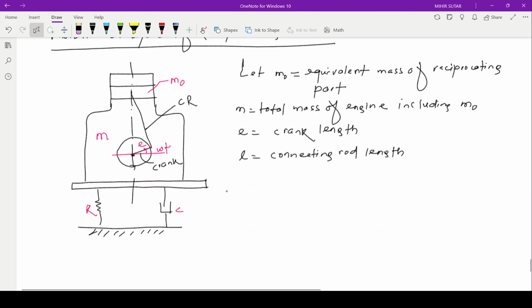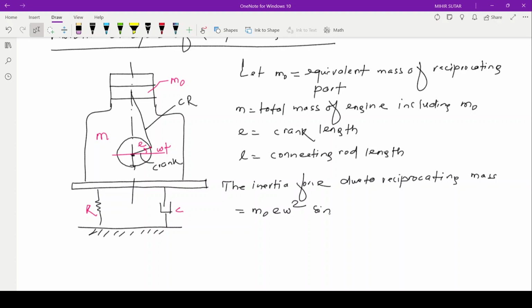So here the inertial force due to reciprocating mass is basically your m0 e omega square sin omega t plus e by L sin 2 omega t.